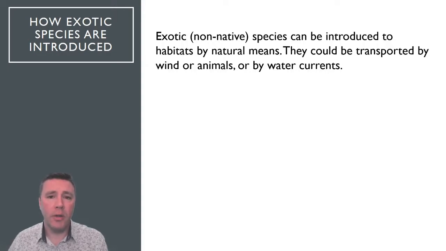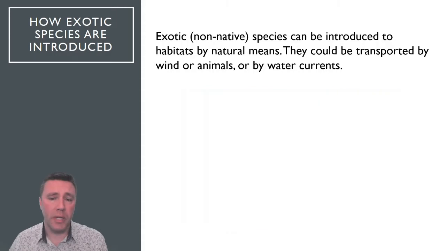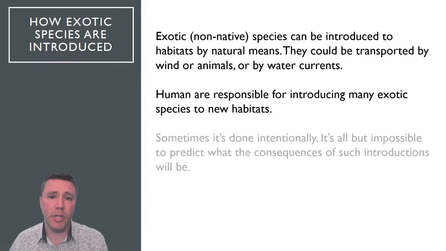As a matter of fact, one of the hypotheses that suggests how coconuts so successfully colonized a number of islands of the South Pacific states that they floated there, traveling on ocean currents, reaching those distant islands. But what this video is going to focus on is not those natural means of transport, but human means of transport. We are responsible for transporting organisms to new habitats both intentionally and unintentionally.